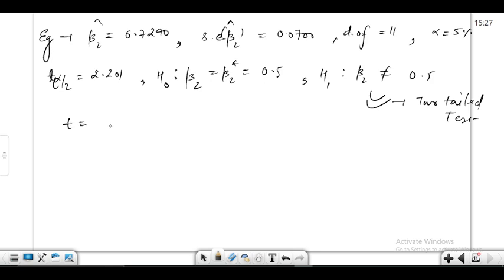The t value will be 0.7240 minus 0.5, that is beta 2 hat minus beta 2 star upon standard error of beta 2 hat, which is equal to 0.0700, which is equal to 3.2. So this is my t value for the given beta 2 hat, and I already have my t alpha by 2 value.